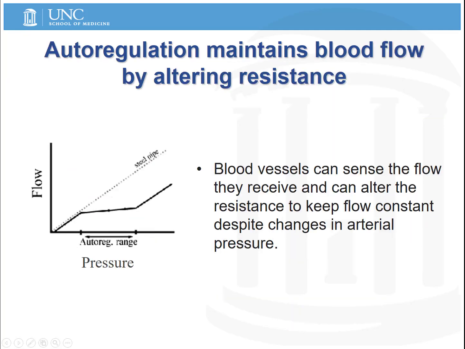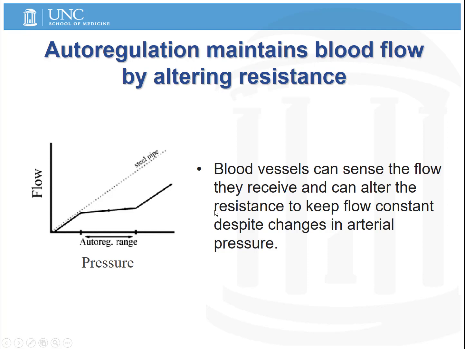This autoregulation is really just the ability of tissues to keep blood flow proportional to the level of metabolic activity. And the way that autoregulation controls blood flow is by changing the resistance of the vessel.